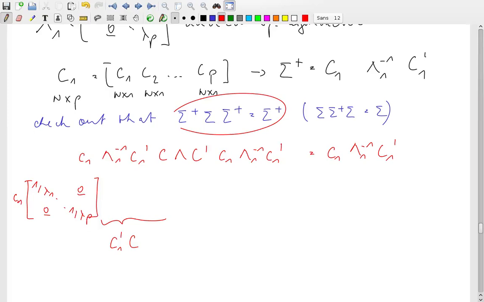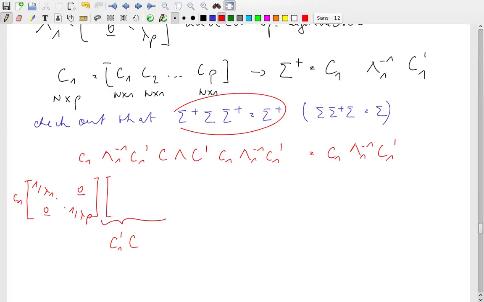In other words, the matrix of eigenvectors is orthonormal. So if you carry out this operation, C1 prime C, we see that sometimes you multiply the eigenvector with itself, its inner product. Sometimes you multiply an eigenvector with another eigenvector, and we end up with a 0. So the result of C1 prime C is then a matrix that looks like this, right?